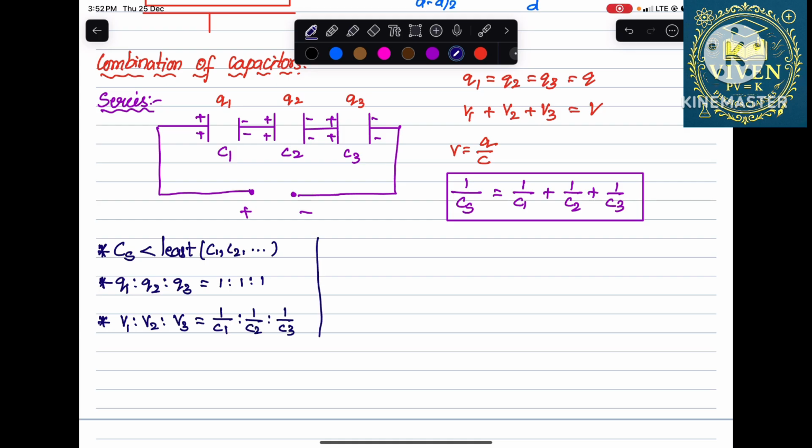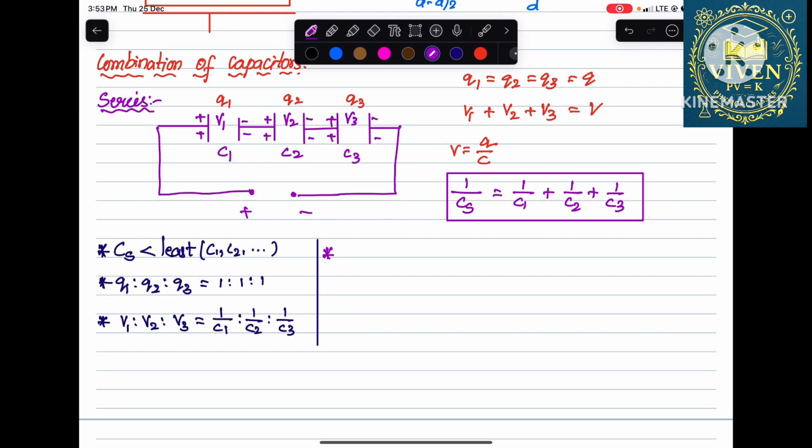And most important now, since voltage is getting distributed, an important add-on point: the voltage drop on each capacitance, V1, V2, V3. I would like to calculate that.